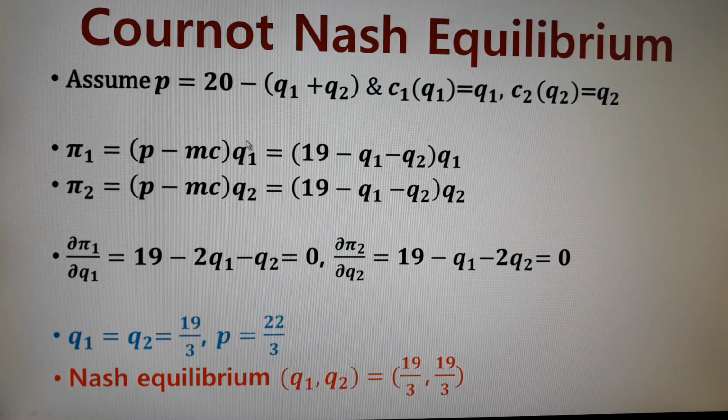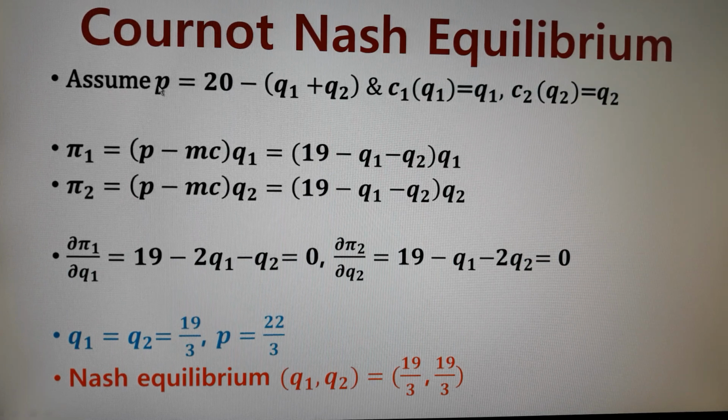So your pure profit per unit would be P minus marginal cost. Then you multiply by how many products you sold, and that would be the profit. Once again, this is a recorded lecture, so you can go over it, and I provide you the PPT file so you can check on that.